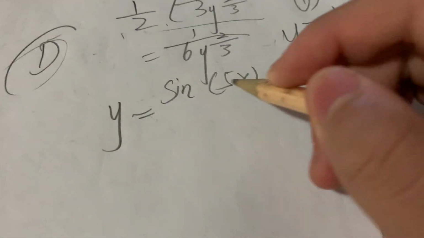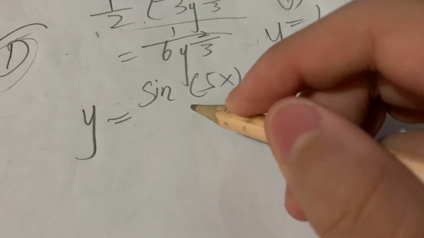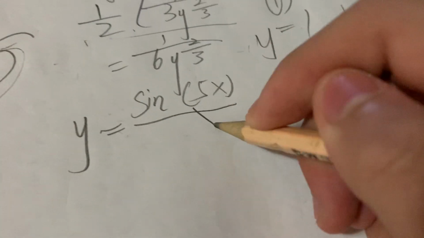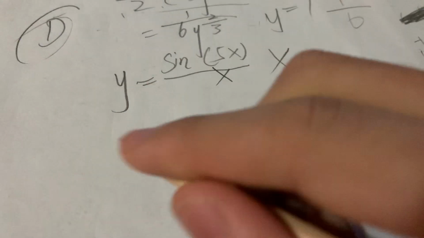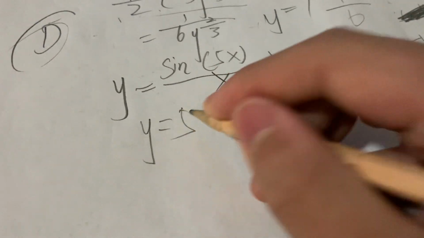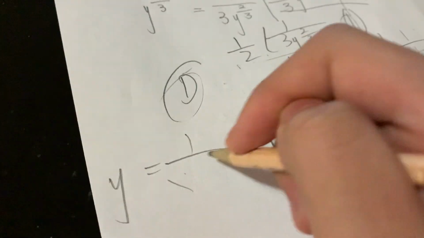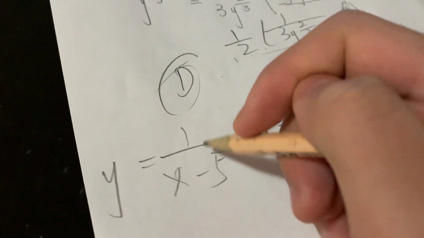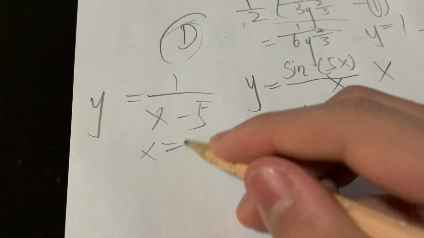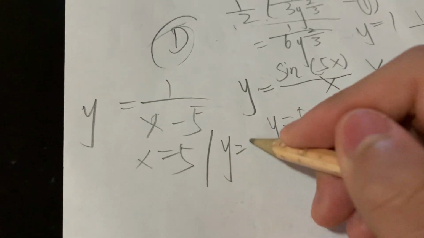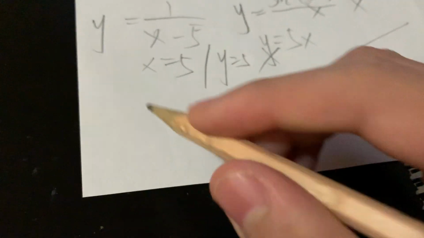The best way is to calculate it one by one. So this is definitely not right. This is a linear equation, it is also not right. Y is equal to x. Well, the asymptote is x equals 5 instead of y equals 5 for this problem. This one.